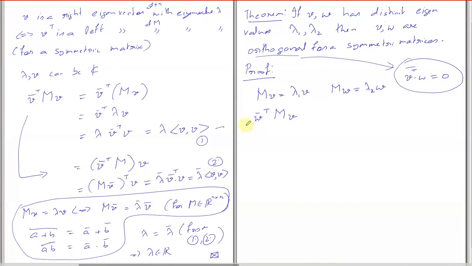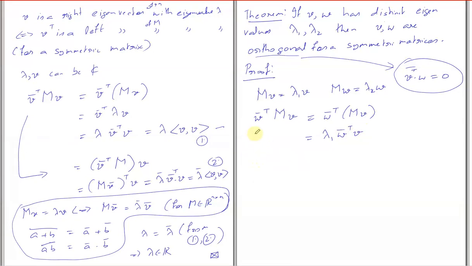It is a 1 by 1 matrix. Now let's group things on the left side and see what happens. MV is lambda 1 into V. So in the end, this will become lambda 1 times the dot product of W and V. Okay, good.